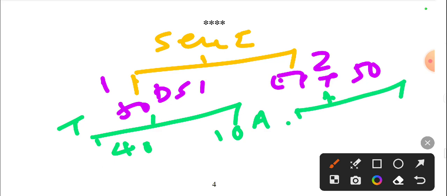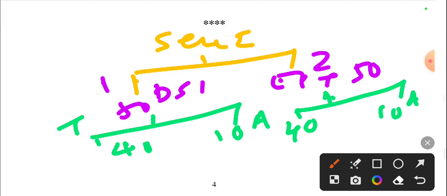One part is related with the theory examination, which is conducted for 40 marks. Paper 1 is of 40 marks and paper 2 is of 40 marks. And 10 marks are reserved for assignment for semester 1, and for semester 2, the 10 marks are reserved for unit test.